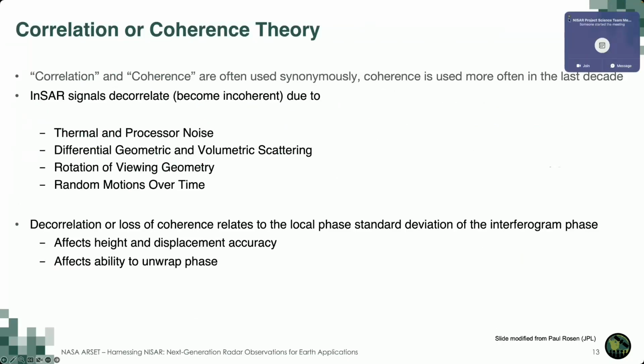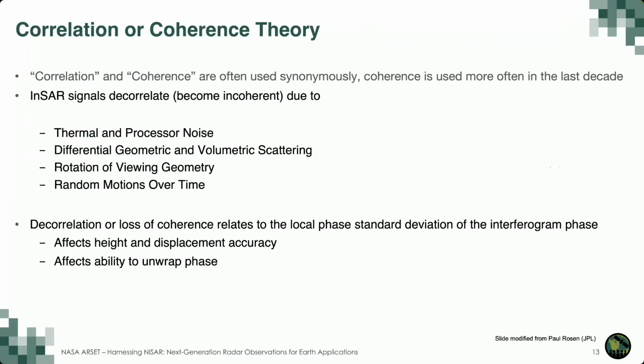Another key aspect of SAR interferometry is coherence, and that's basically a measure of that noise term that we had in the first equations, where there's some amount of noise in the phase 1 and phase 2 measurements. If that noise is high, then the coherence is low, and if the noise is small, then the coherence is high.